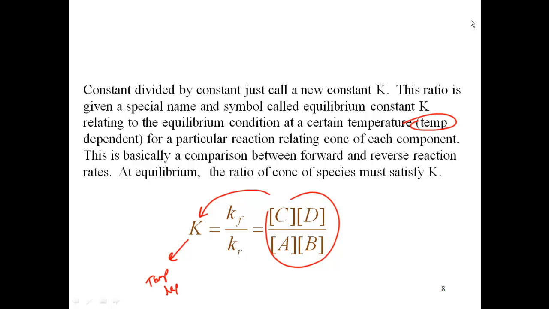If I don't have equilibrium concentrations, if I just have initial values or any other values, and I plug them in, they will not equal K because they're not at equilibrium. Only equilibrium concentrations, when I plug them into the equation, will equal that K value.